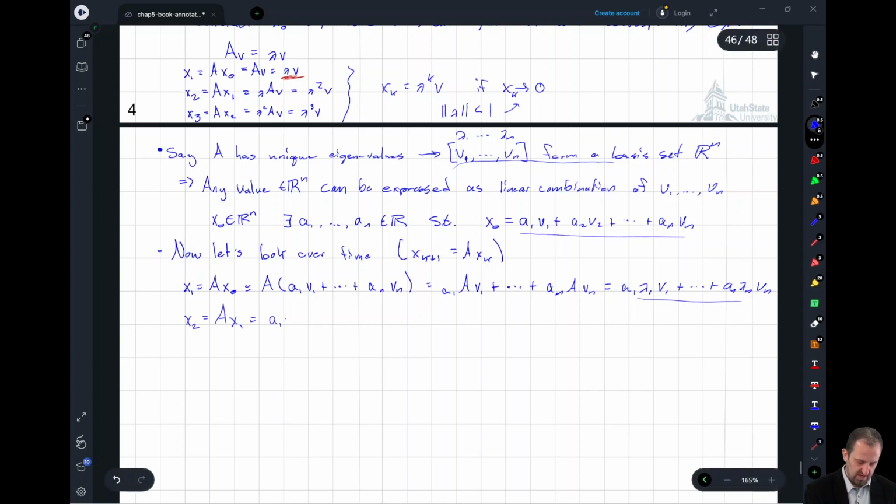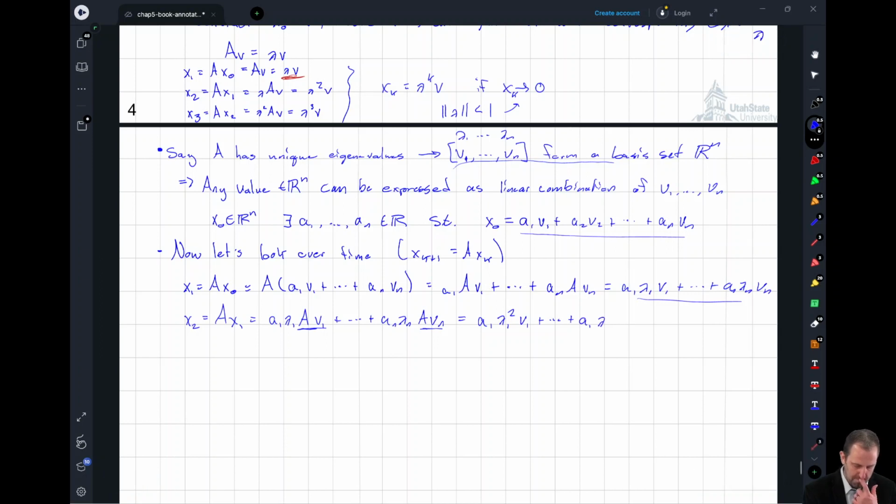So we have a1 lambda 1 A times v1 plus an lambda n A times vn, which, using the fact that we have A times an eigenvector in both of these cases, gives a1 times lambda 1 squared times v1 plus an times lambda n squared times vn.